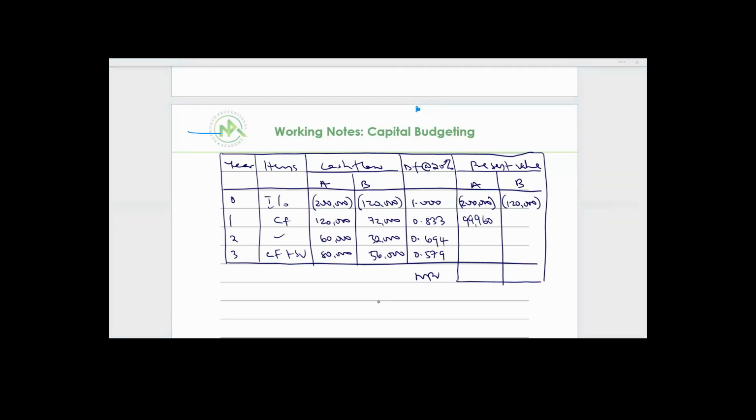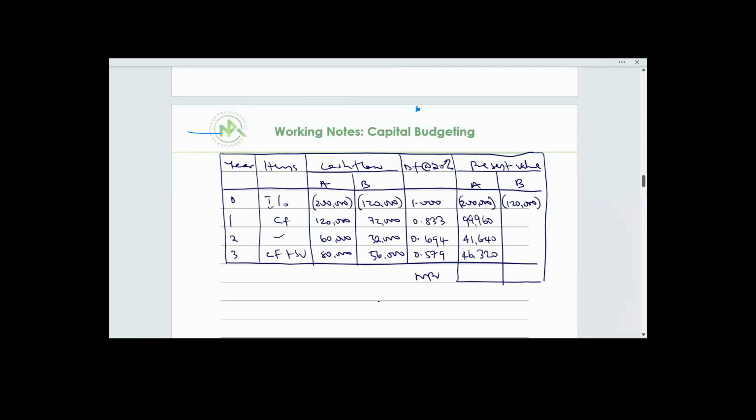Year two, 60,000 multiplied by 0.694 equal 41,640. Year three, 80,000 multiplied by 0.579 equal 46,320.